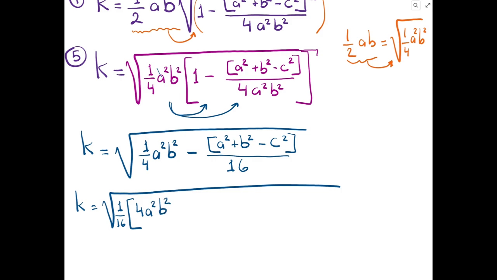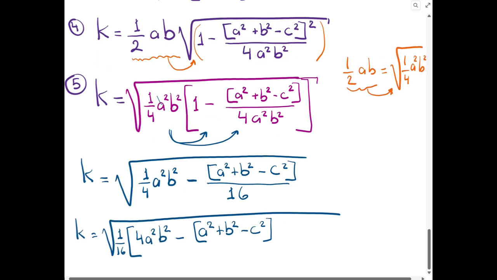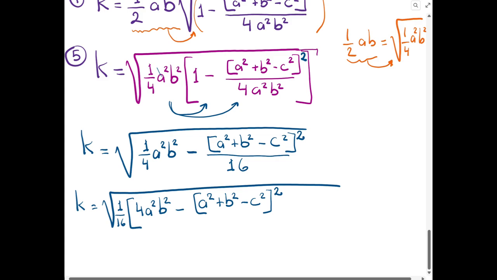And if you're not convinced, go ahead and redistribute that and see if you wouldn't get back that 1/4 a squared, b squared, right? You would. And then minus a squared plus b squared minus c squared. Oh, you know what? I lost something, didn't I? I lost my square up here. That quantity must be squared. That quantity must be squared. And that quantity must be squared. Okay, I think I'm good. Factored out the 16, right? So that will be it.